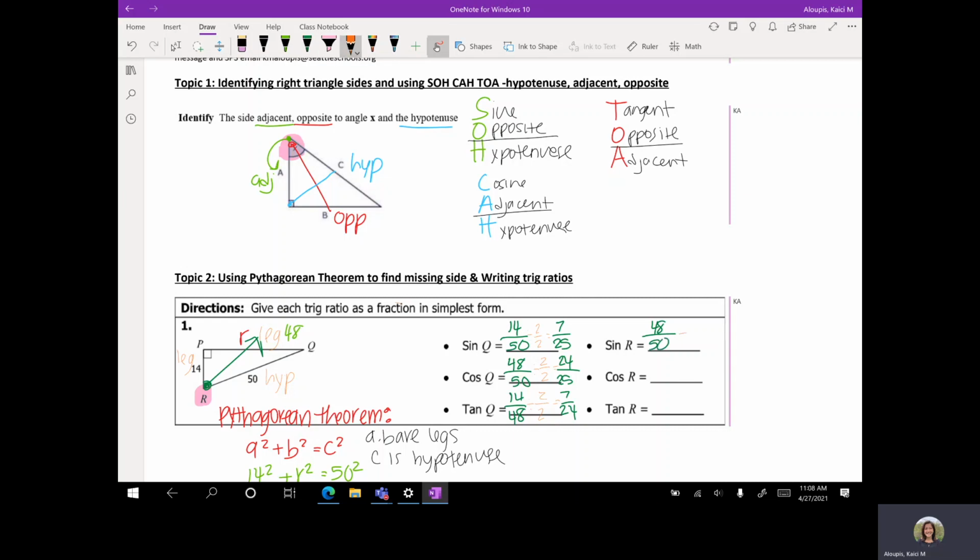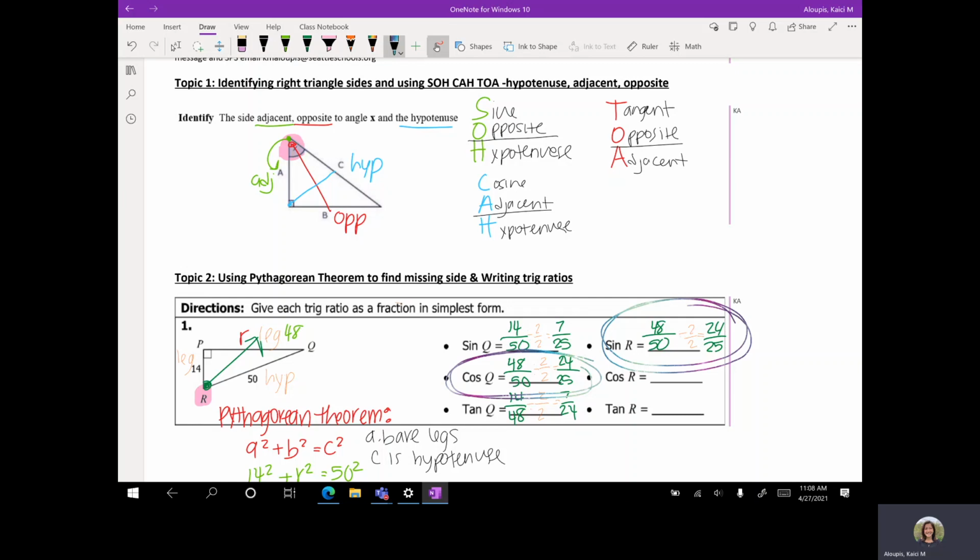Again, I'm going to reduce by dividing by 2. And I'm going to get 24 over 25. Quick thing to note right now is I see that the sine of angle R is the same ratio as the cosine of angle Q. This isn't coincidental.